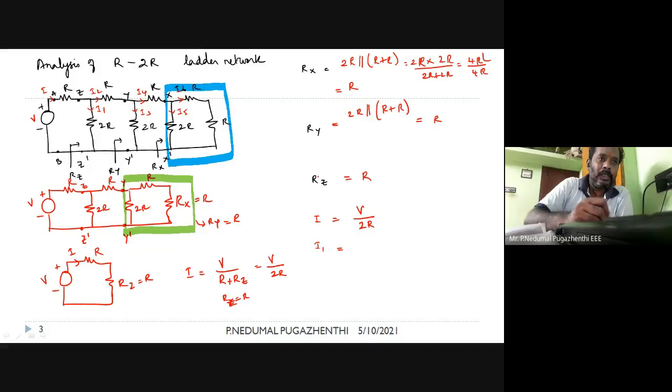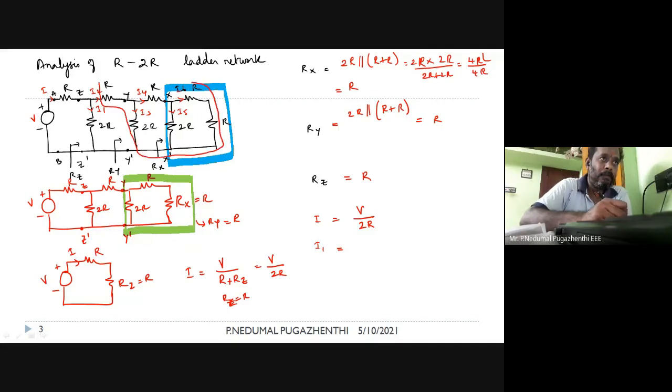Okay, how do you do it? I1 is equal to, or I2 is equal to, whatever it is. I will take the first diagram and analyze that. This is the opposite resistance.